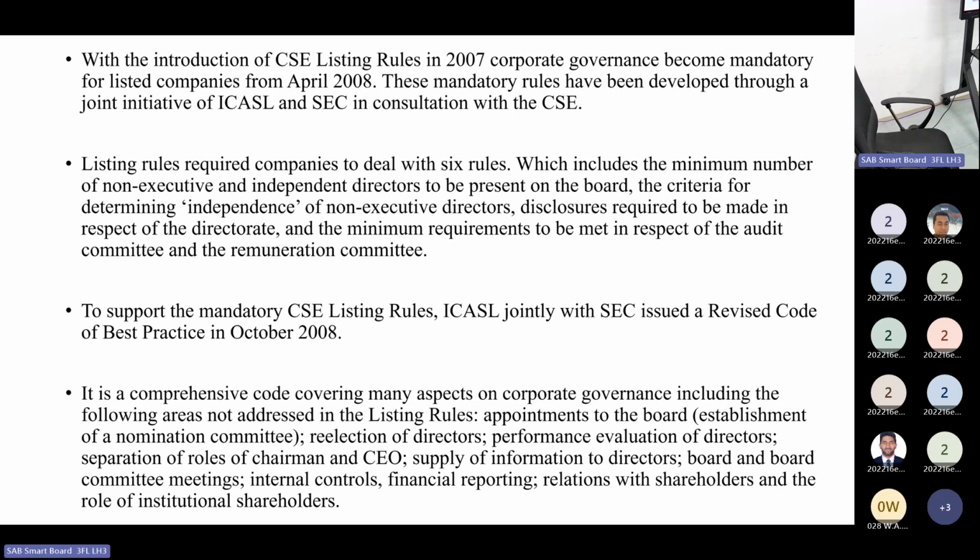The listing rules require companies to deal with 6 things. The 2007 listing rules were very critical on these 6 things.